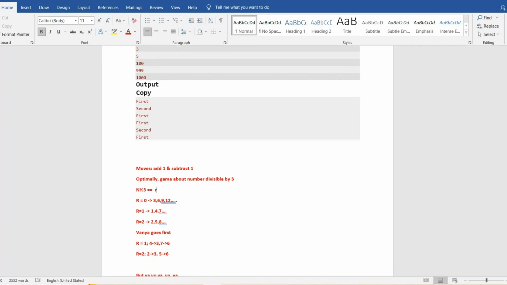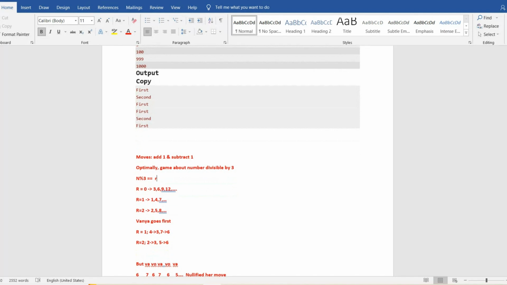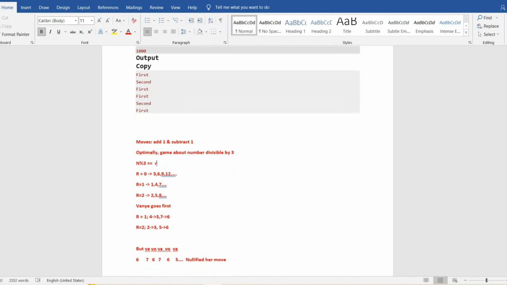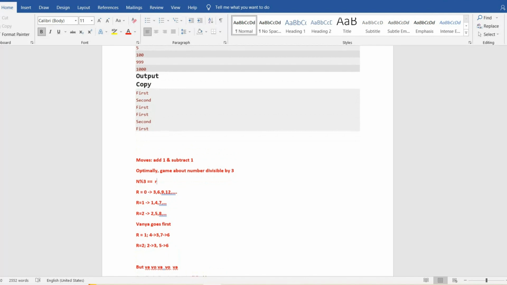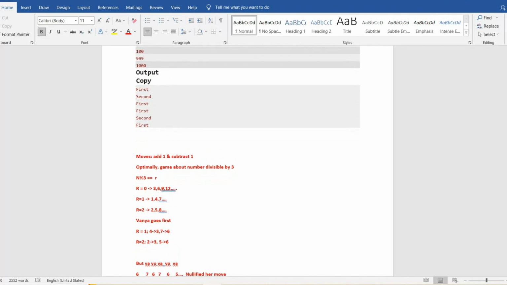But what are the cases where Vanya is not winning? These are the cases when the number is divisible by 3, when we say the number is itself 3, then after Vanya's move, what's the number going to be? If we get the number 6, after Vanya's move it becomes 7 or 5.